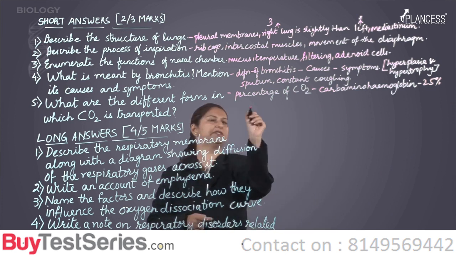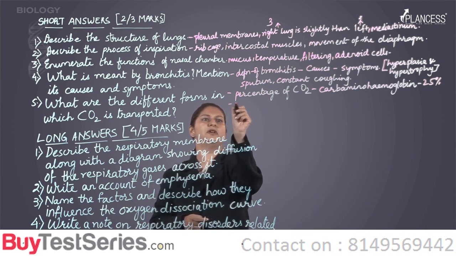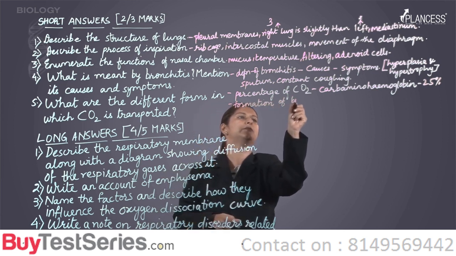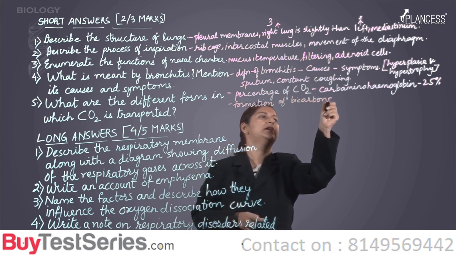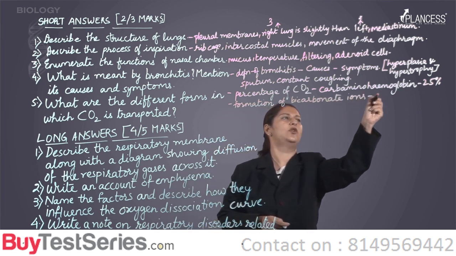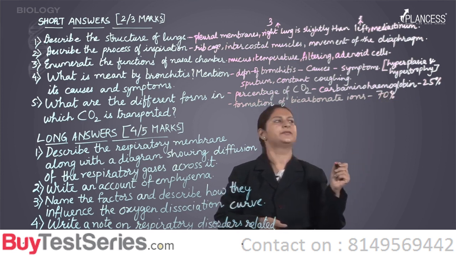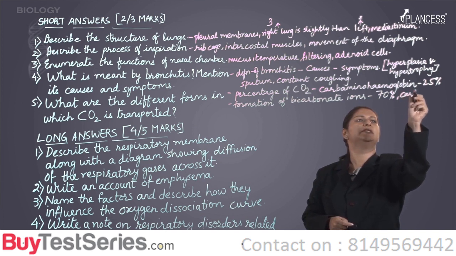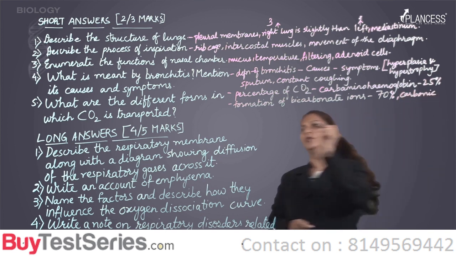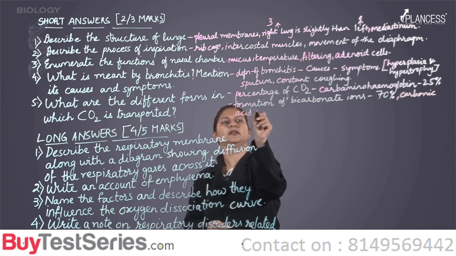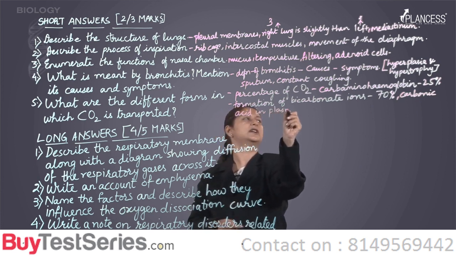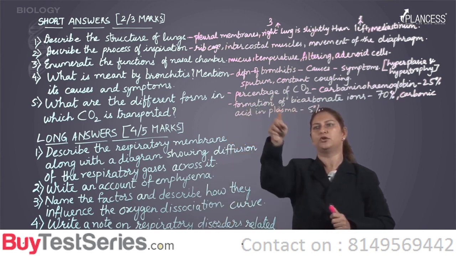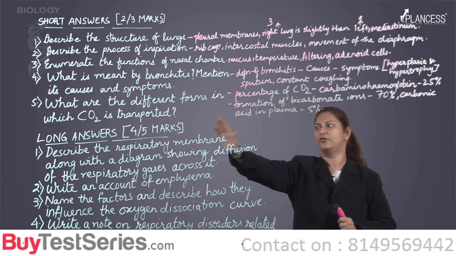Then the major percentage was through formation of bicarbonate ions, that is almost 70%. Then you will also mention carbonic acid formed in plasma, that is roughly about 5%. So you will have to mention all the 3. Now that will take care of your 3 marks question.